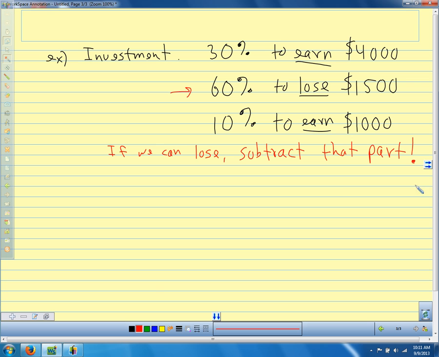So we're going to subtract that piece from our expected value. So our expected value for this investment is going to be the expected value for this piece.